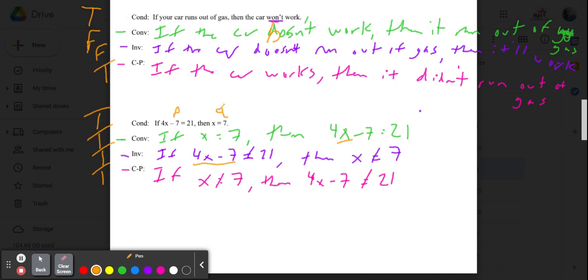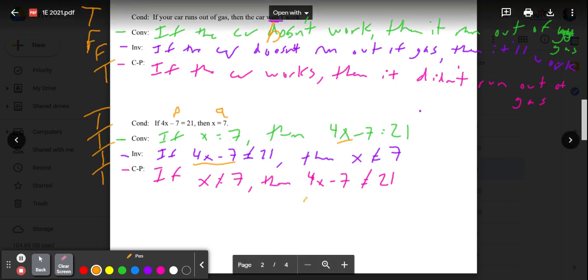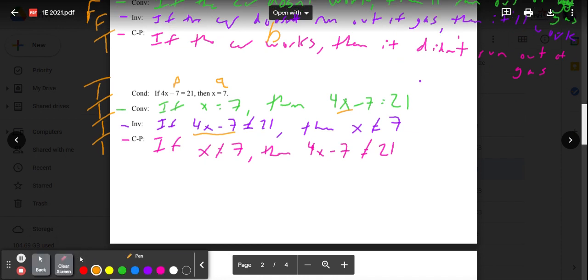That's our Q. What we can do is, because we have true and true right there, we could write this as a biconditional, which means 4x minus 7 equals 21 if and only if x equals 7.